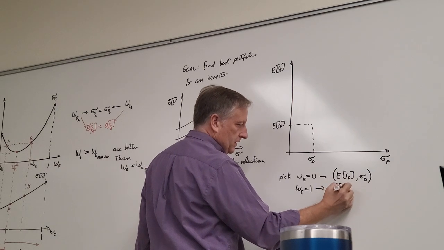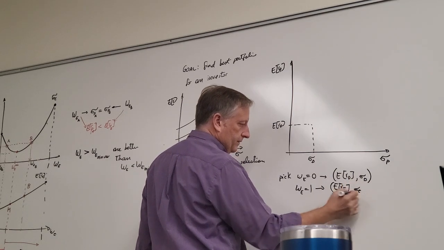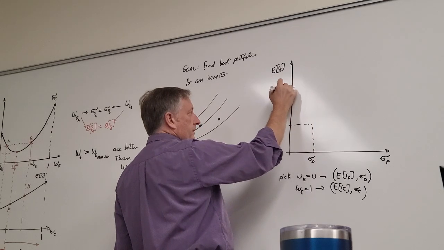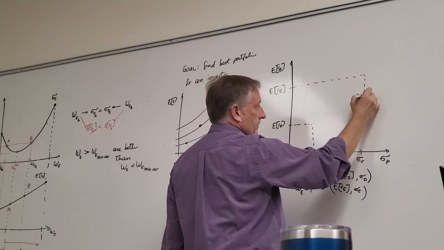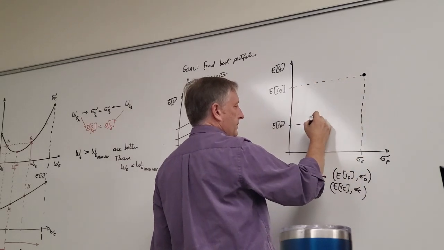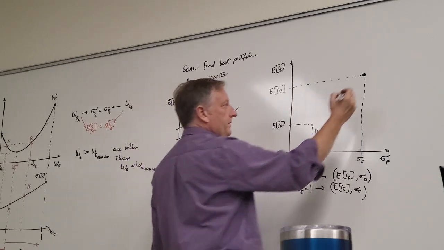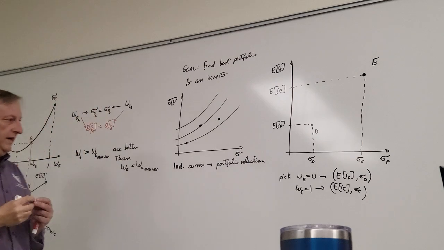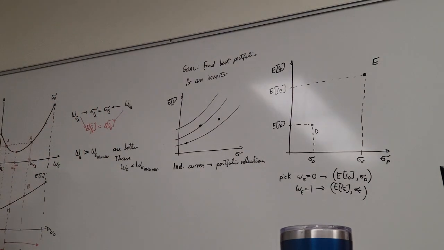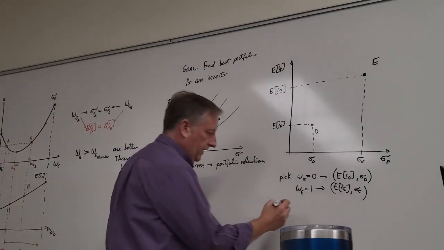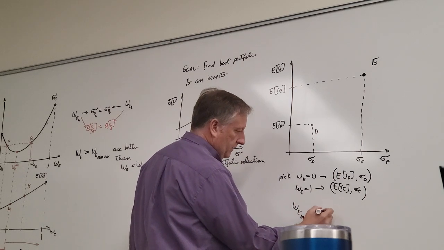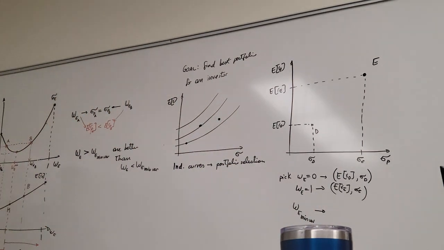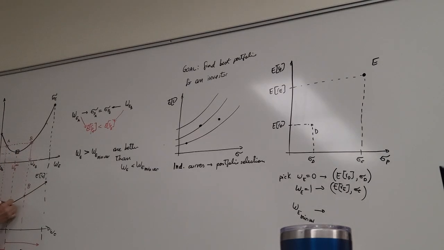You get here ERE, sigma E. So this is you investing only in D, this is you investing only in E. And then if you pick values that are in between, let's suppose you pick this WE min, or the one that produces the smallest risk, then what would you get?